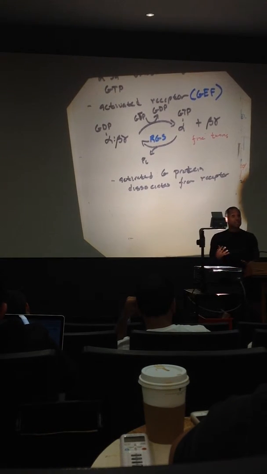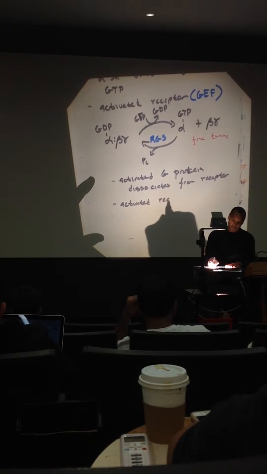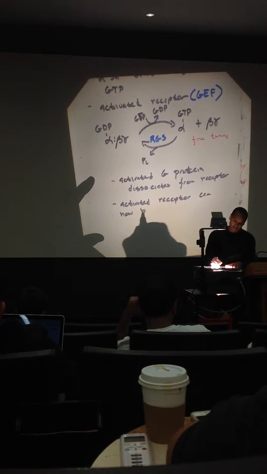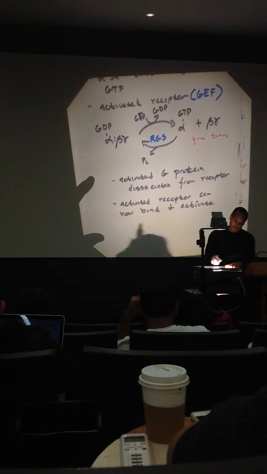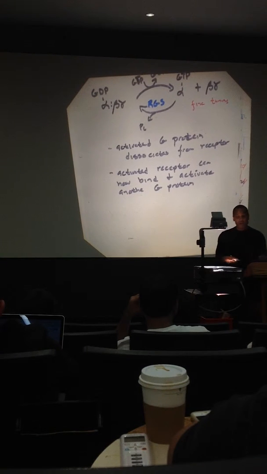Okay, so that means that activated receptor can bind to an inactive G protein. And so what that means then is that any one activated receptor can activate multiple G proteins, which means this is a point of what? Amplification, right.